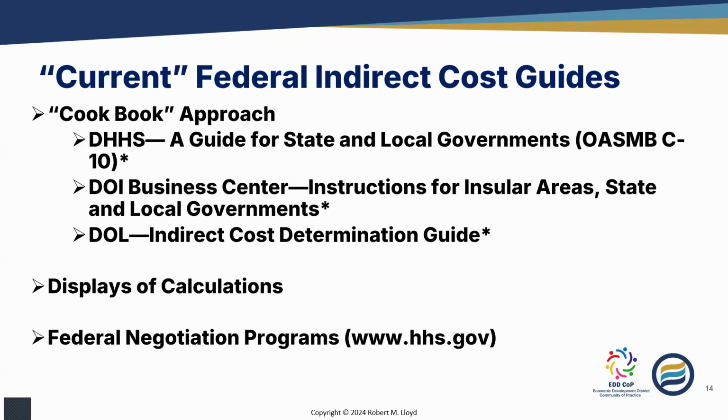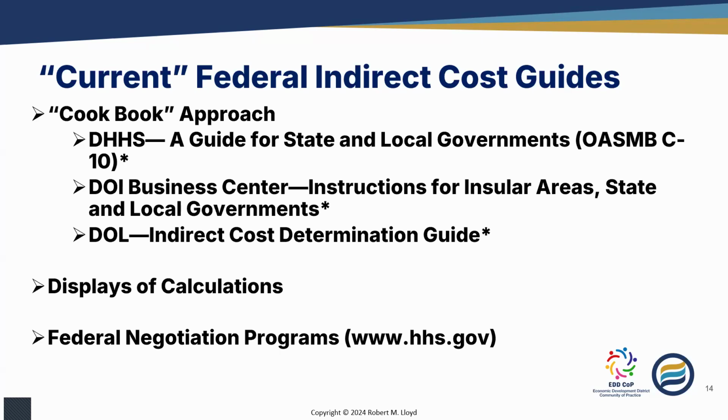Now, what are these? They're checklists that the cost negotiators use to review the plans that are submitted to them. So in a sense, the negotiation programs are really the answer sheet of what kinds of things you need to be able to present as part of your submissions.